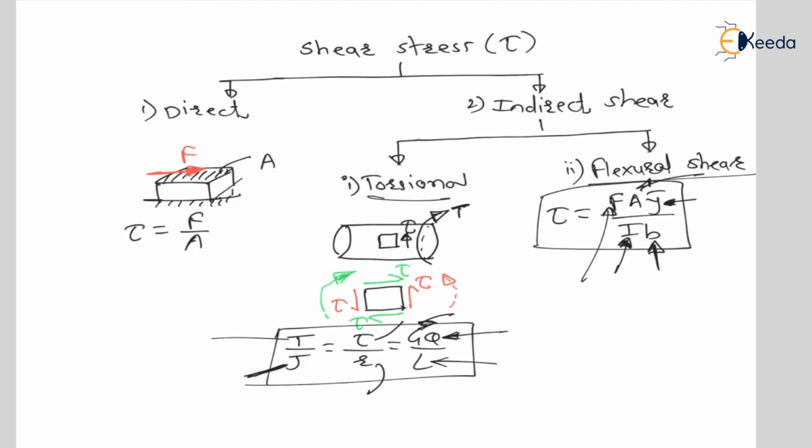It may be a combined bending and twisting problem, where bending moment is acting on the component and torque is also acting on the component. For such combined loading, we have to design the component, and the calculation is done in the complex stresses topic.